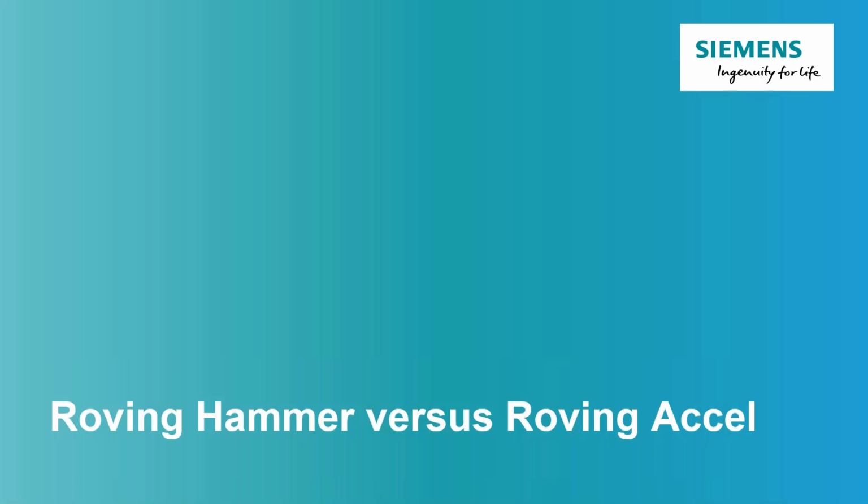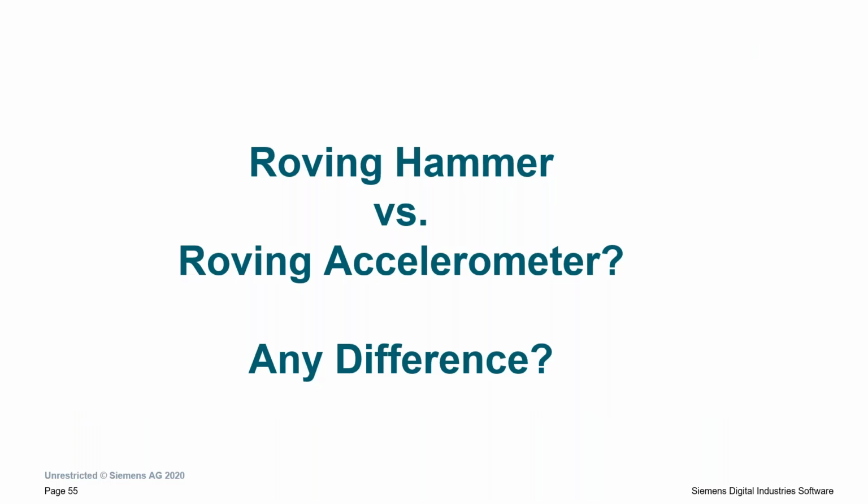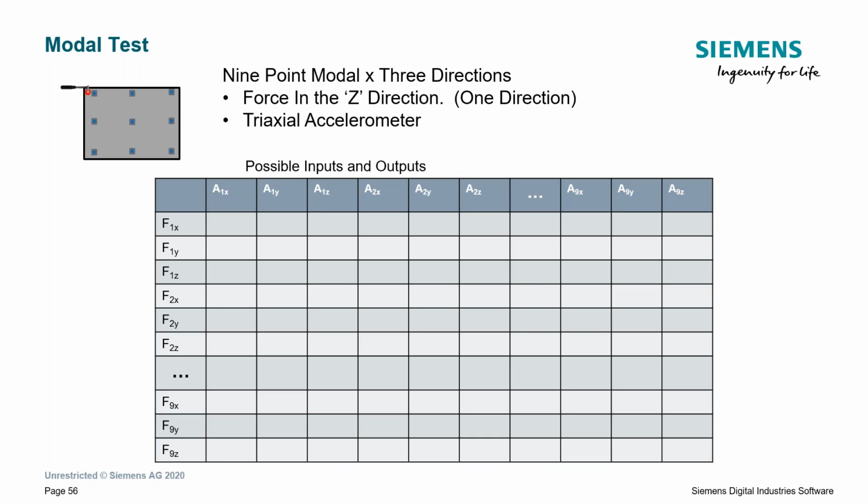Okay, let's talk about roving hammer and roving accel. So one reason that impact testing is prevalent when we do modal testing is it's a quick and fast and easy setup. I can do a full vehicle modal like I just talked about, even though I have done it in the past with 100 accelerometers.